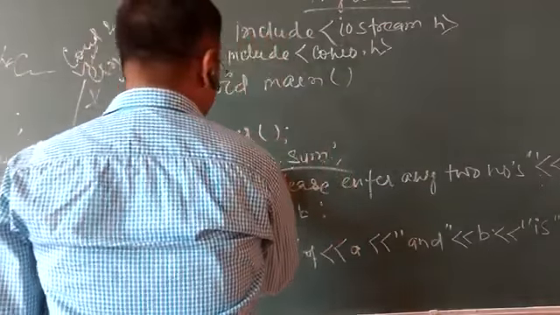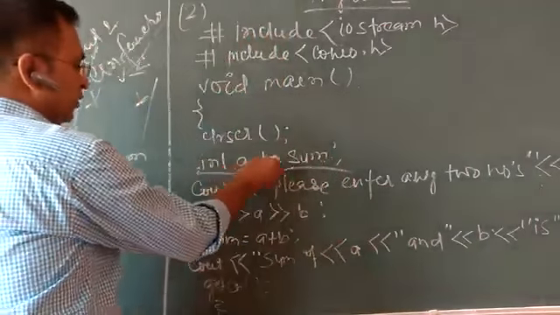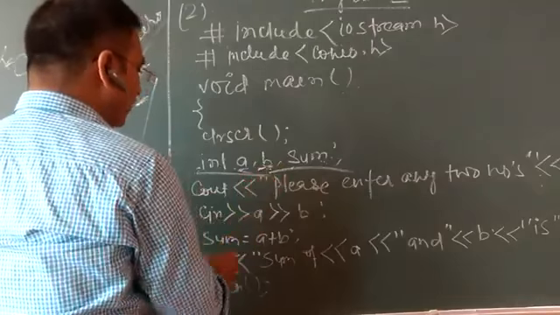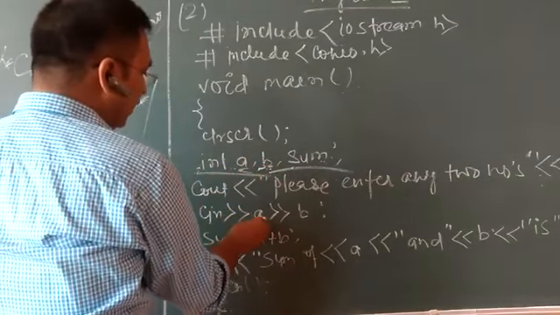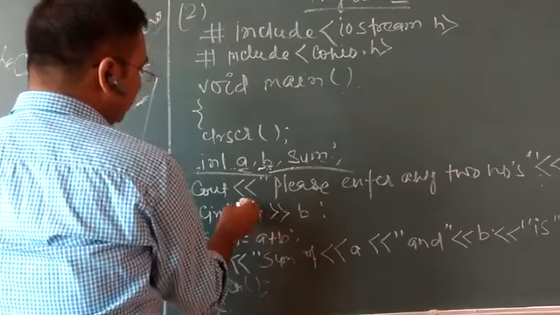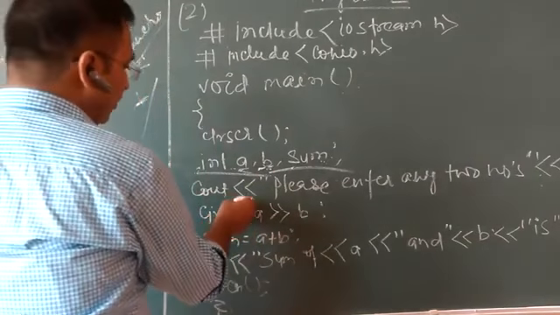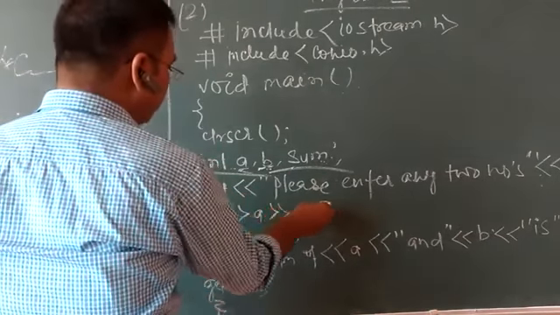So here we have already initialized two integer type variables. Then we give some input using cin, with the extraction operator, A and B.